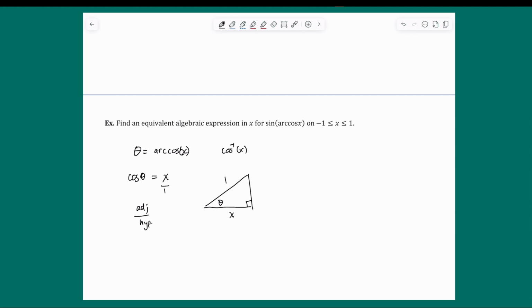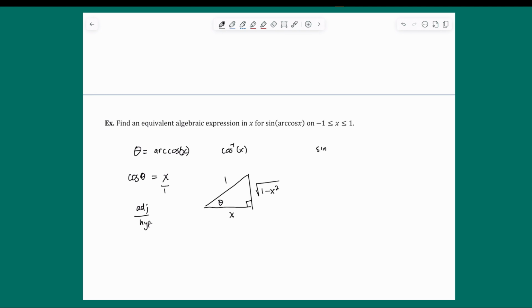Now the missing other leg, or the length of the other side, has to be equal to the square root of 1 minus x squared. And you could show that using the Pythagorean theorem. In fact, we could also use, say, the definition of a unit circle to get that same expression as well.